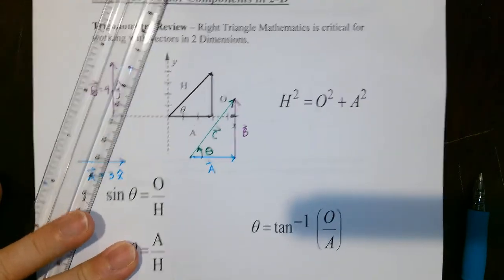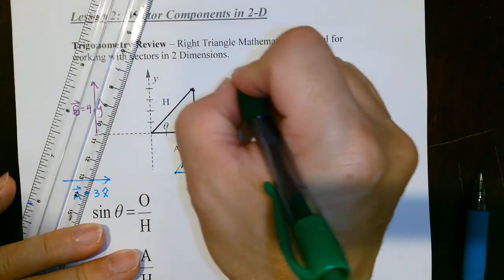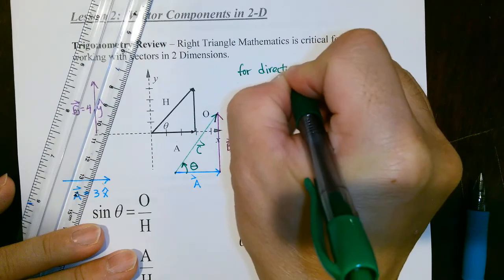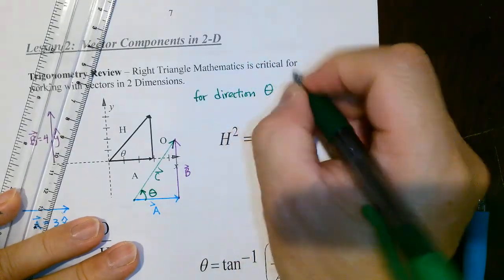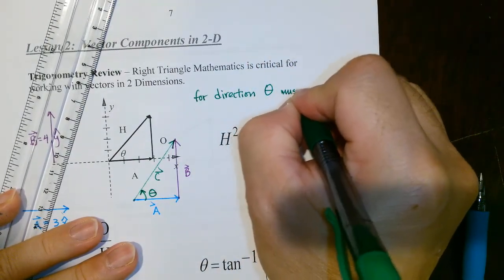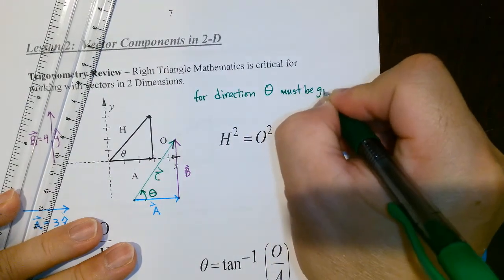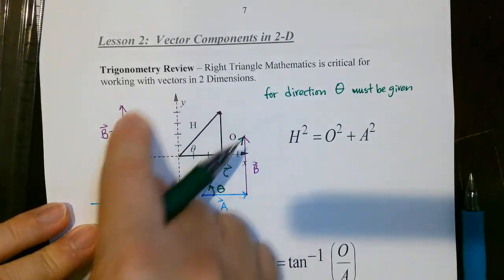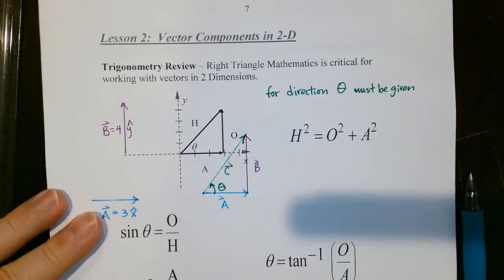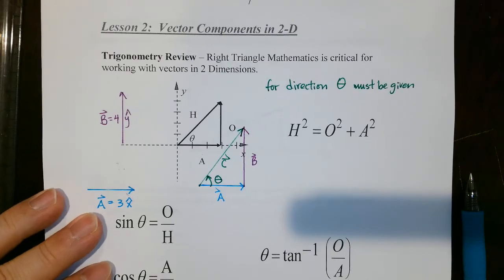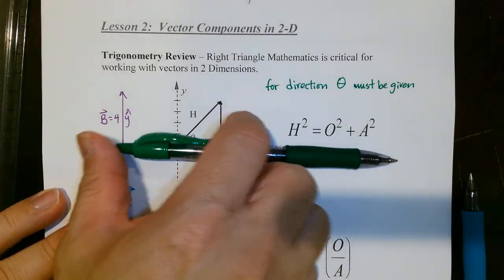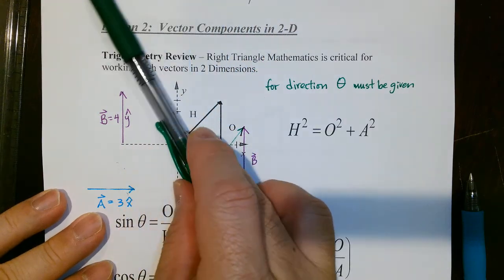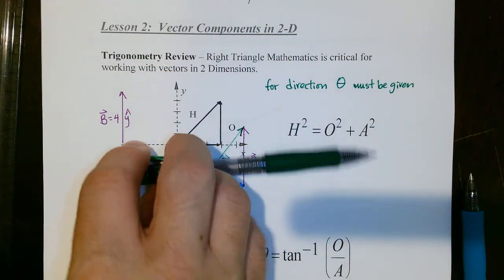So for direction, theta must be given. Now the theta goes from 0 degrees to 360 degrees. Therefore, you start at 0 degrees and go counterclockwise through the 4 quadrants.